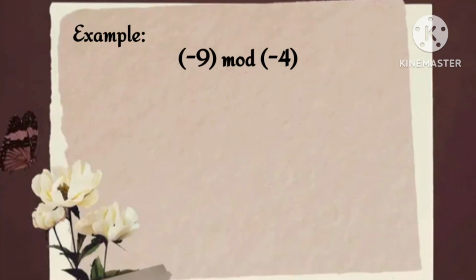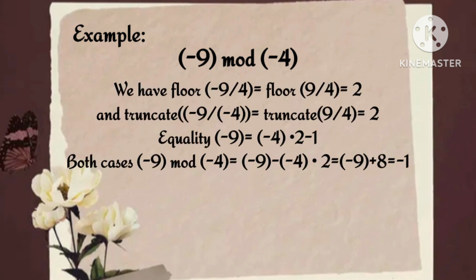Negative 9 mod negative 4. We have floor of negative 9 divided by negative 4 is equal to floor of positive 9 divided by positive 4 equals 2. And truncate of negative 9 divided by negative 4 is equal to truncate of positive 9 divided by positive 4 is equal to 2.